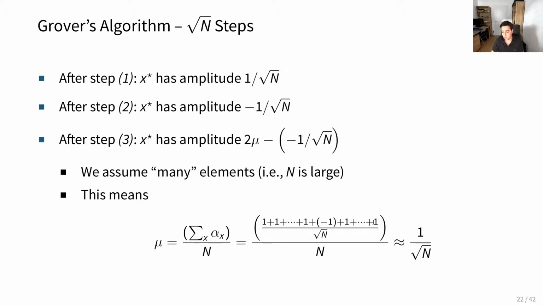And then again plus 1 plus 1 plus 1 plus 1 for all the others. So approximately this sum here is n, and this whole fraction will be approximately 1 over square root n. So what does this mean? It means that our mean value after the first iteration is still very close to the uniform value if we assume that n is quite large.